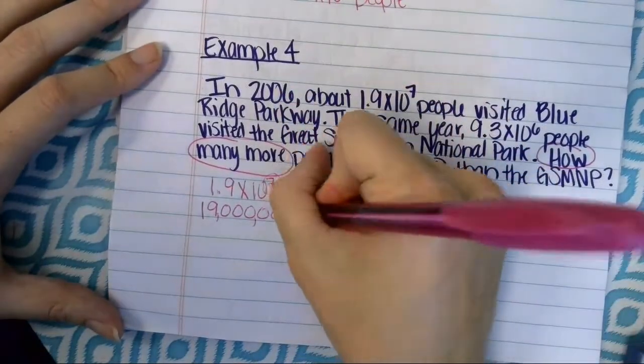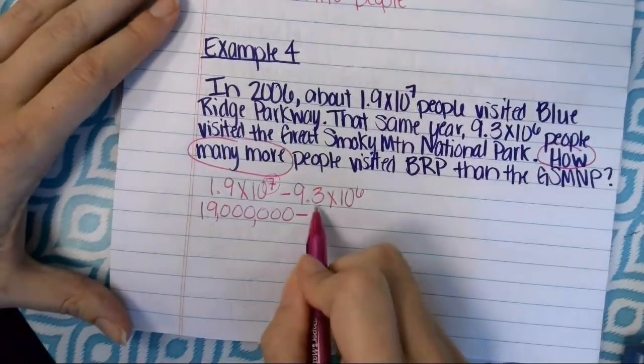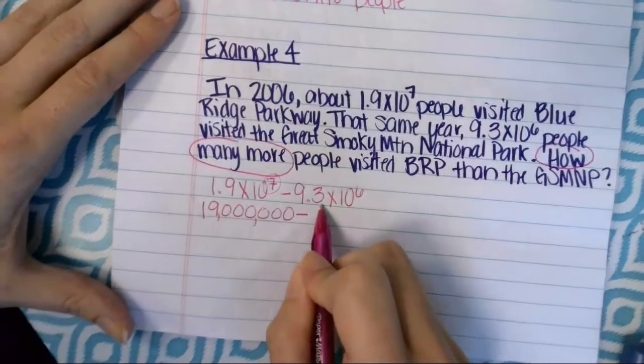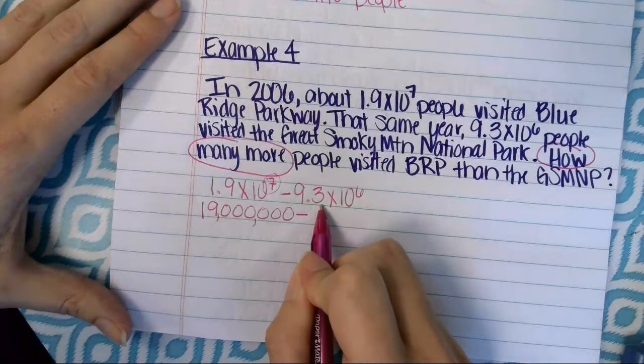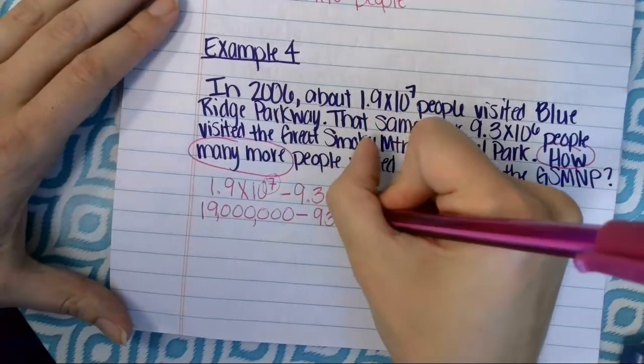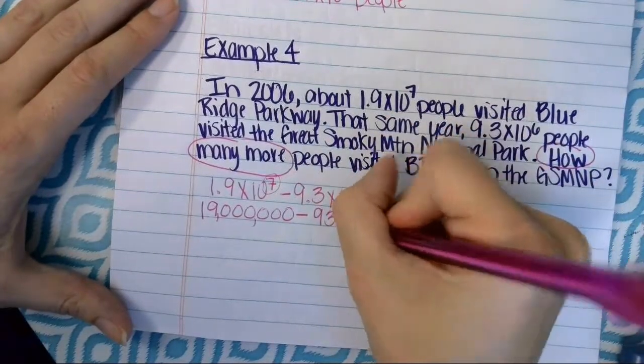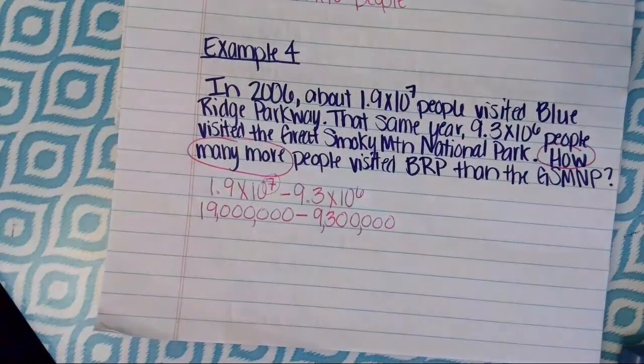I'm going to do the same thing with the 9.3. I need to move 6 places. I have 1 decimal place taken care of, so that means I need 5 zeros. So 9, 3, and then 1, 2, 3, 4, 5 zeros. I'm going to put some commas in again to make it a little bit more user-friendly.